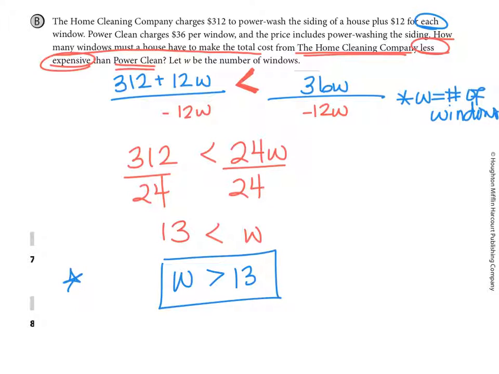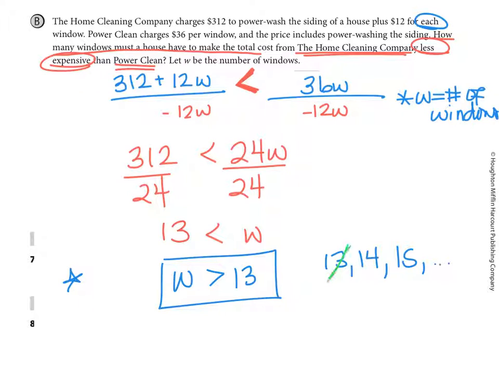All right, so what this means then is how many windows would they have to clean? Well, they need to clean at least 13 to be less expensive. So at least 13 means they could do 13 or 14 or 15. Actually, it does not mean 13. I'm glad I did that. I made a mistake.